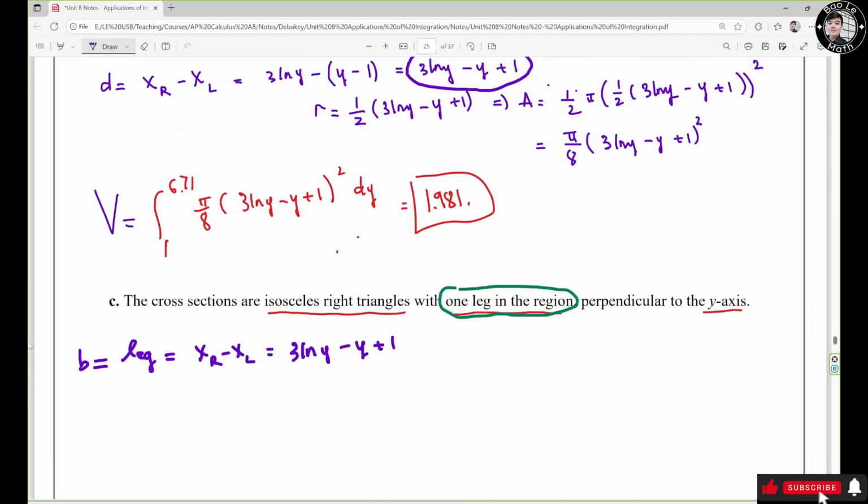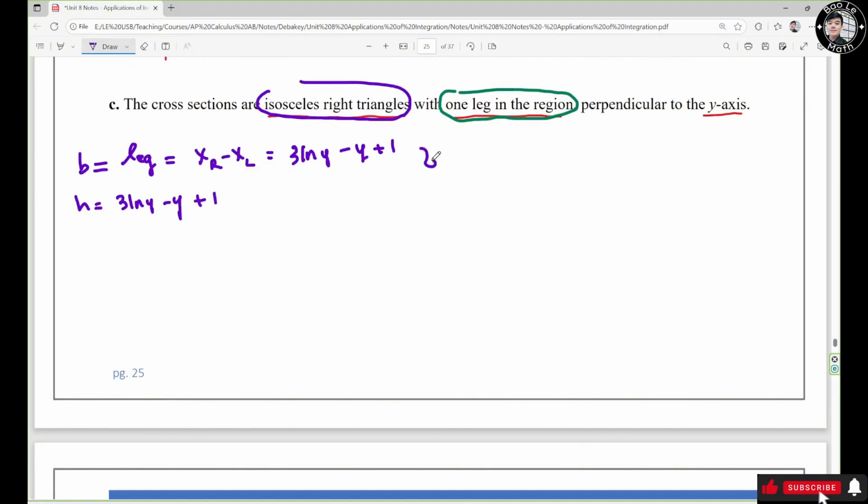So the height is 3 ln y minus y plus 1, because this one is an isosceles right triangle. So the area is 1/2 base times height, which is 1/2 of this, the same thing, so it's 1/2 times 3 ln y minus y plus 1, all together squared.